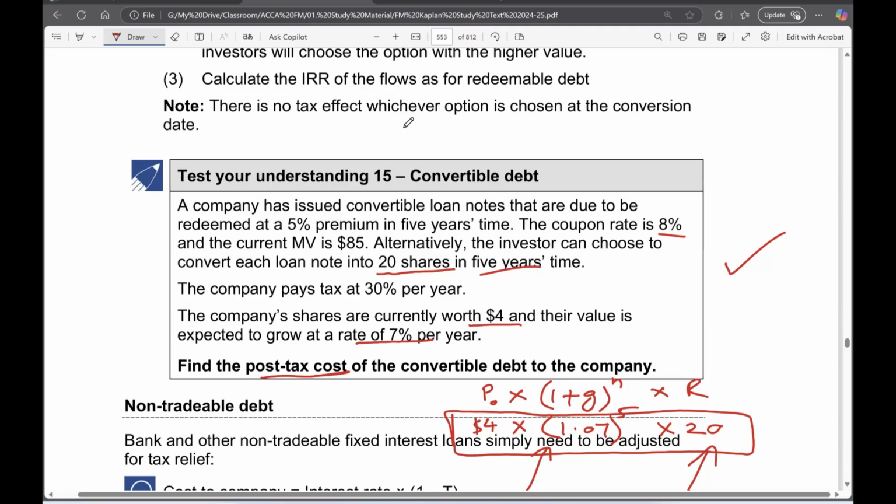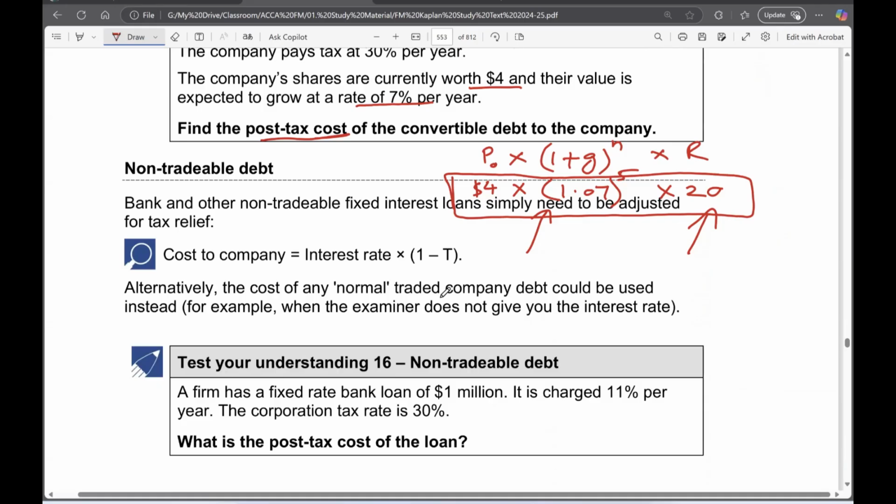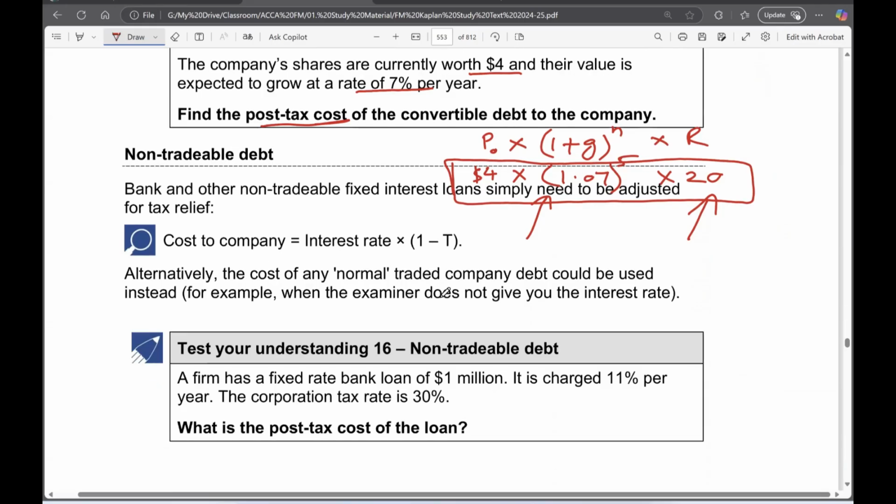Let's move on. How to find the cost of debt of non-traded debt or bank loan? What is non-traded? Any kind of debt which is not marketable. Look, bonds are marketable. It is trading on the stock market. But a bank loan is not a marketable loan, right?